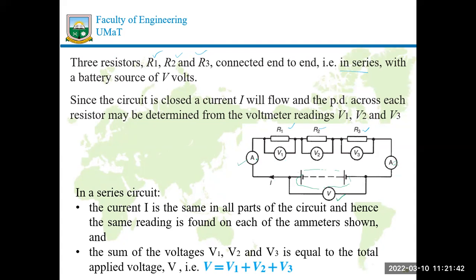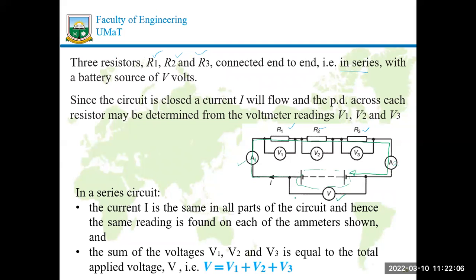All they are doing is measuring the current flowing in the series circuit. If we trace the current, you see that it will flow in that direction through that ammeter, flow in that direction through that ammeter, and return.